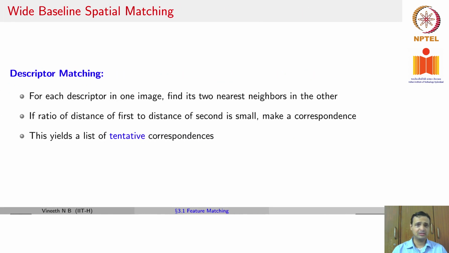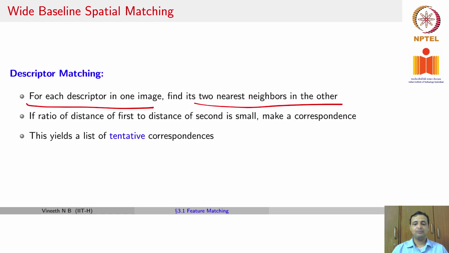Okay, now at the end of that step, we have a bunch of descriptors in image 1, a bunch of descriptors in image 2. How do we go forward? For each descriptor in one image, we find its two nearest neighbors in the next image. Why two? It's just one method. You can also take other kinds of nearest neighbors if you like.